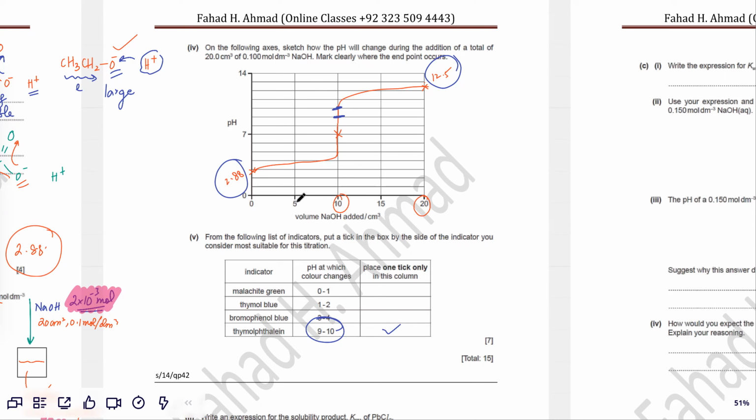You don't want to stop adding NaOH at this point. You want to stop adding NaOH at this point. Okay, is this clear as well? Yes, sir. So the indicator must change color at the neutralization point when the pH is in this range.